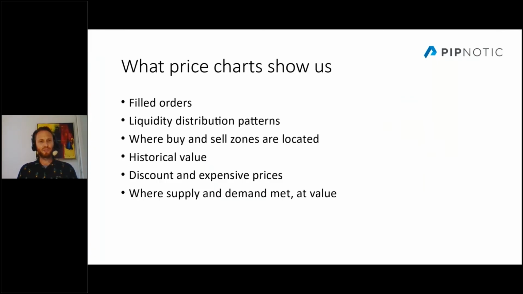Okay, and so what we need to do is look for liquidity distribution patterns, and this goes back to a lot of my discussions with engineers at some of these big banks that all of you will probably know. They would talk about how orders would be put into the market in these little price windows.